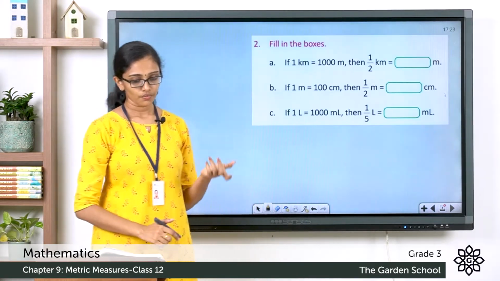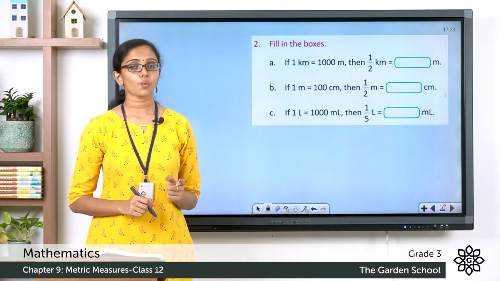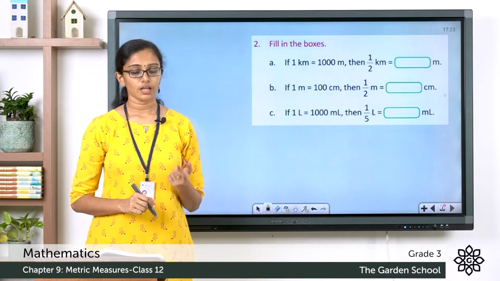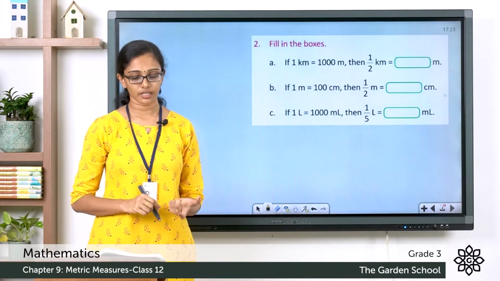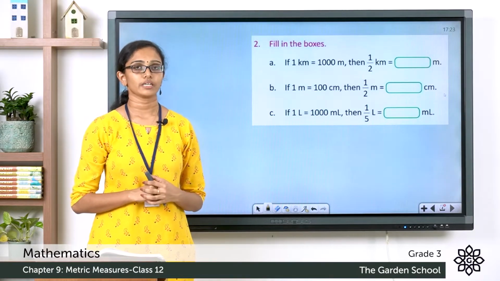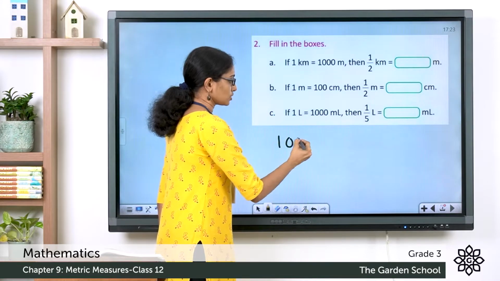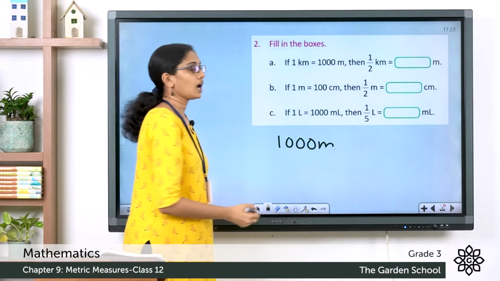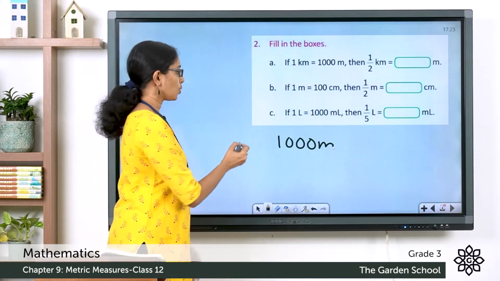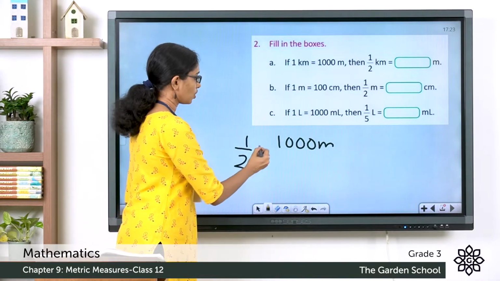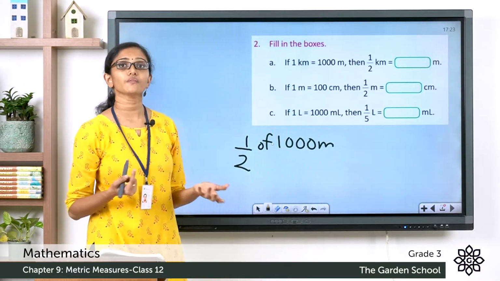Question number 2. Fill in the boxes. The first one, question A, is: if 1 kilometer is equal to 1000 meters, then 1 by 2, or half kilometer, is equal to. How can we find that? If 1 kilometer is equal to 1000 meters, half kilometer, or 1 by 2 of a kilometer, will be equal to 1 by 2 of 1000 meters, right? And what is 1 by 2 of 1000 meters?